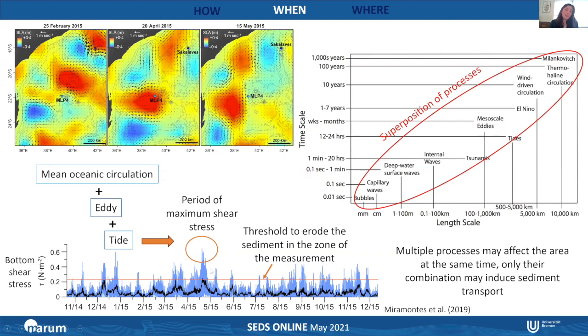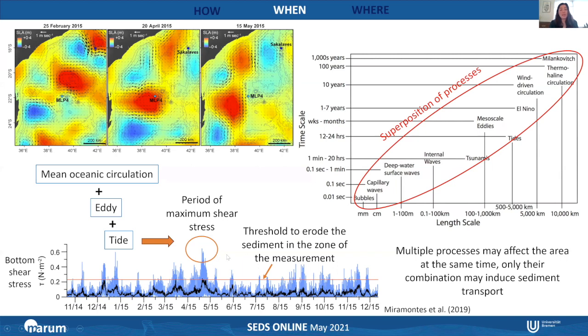So the moment when we have the highest velocities corresponds to a moment where we had an eddy, the general circulation, and also the tides that were favoring the accumulation of this high velocity. Because even when the eddy was there, there were some periods of time when the tide was playing against the currents, and the currents were still weak.